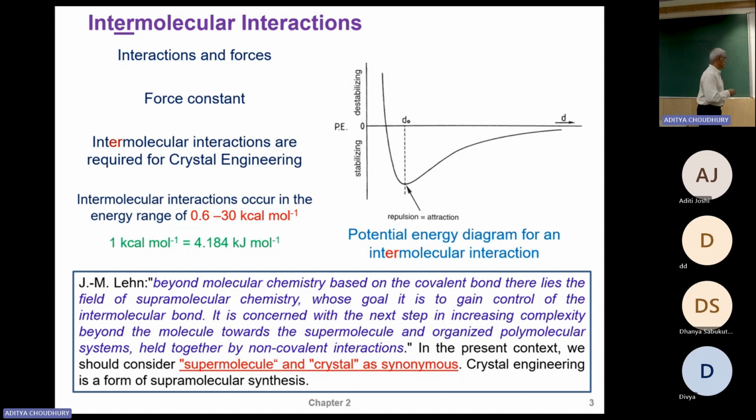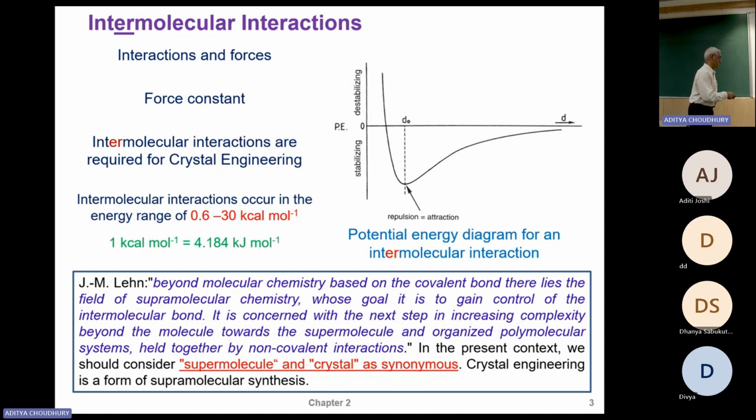Again, I should have discussed it somewhere else, but we put in the Jean-Marie Lehn definition. It's beyond the supramolecular chemistry, and these molecules are held in a supramolecule by non-covalent interaction. So Jean-Marie Lehn says this supramolecular entity, but now in terms of crystal, we call it supermolecule.